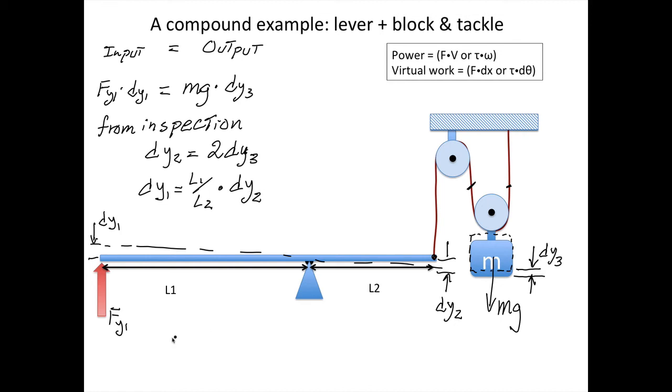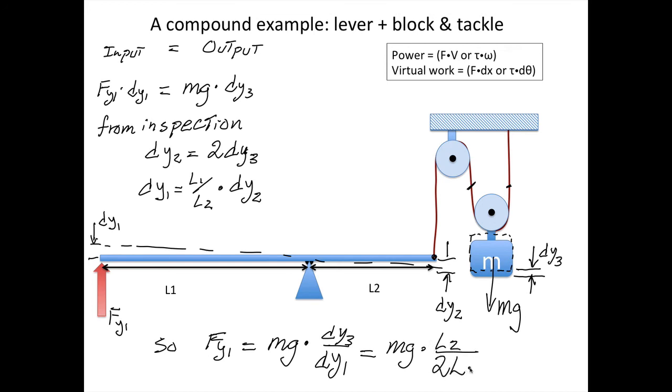So finally, we can solve that Fy1 is equal to mg times dy3 over dy1, which turns out to be equal to mg times L2 over 2L1.